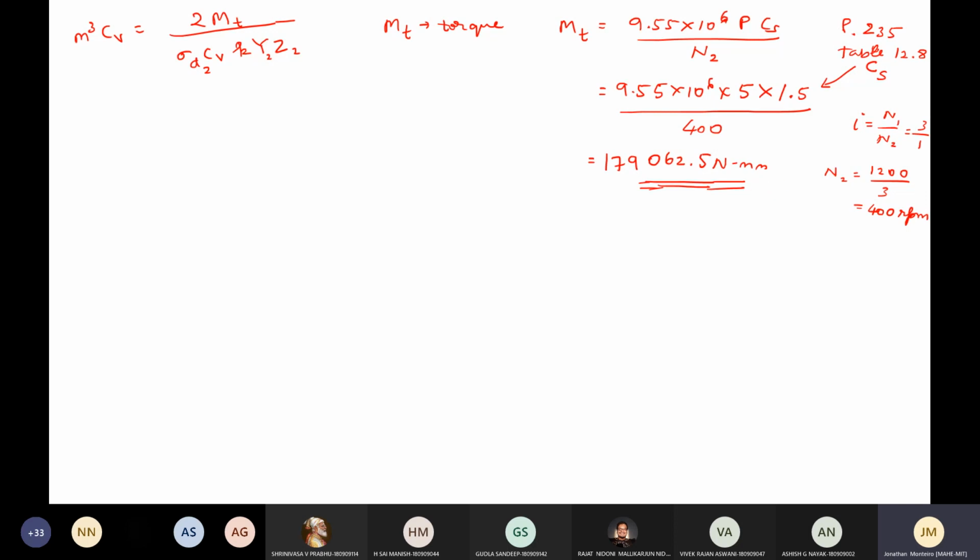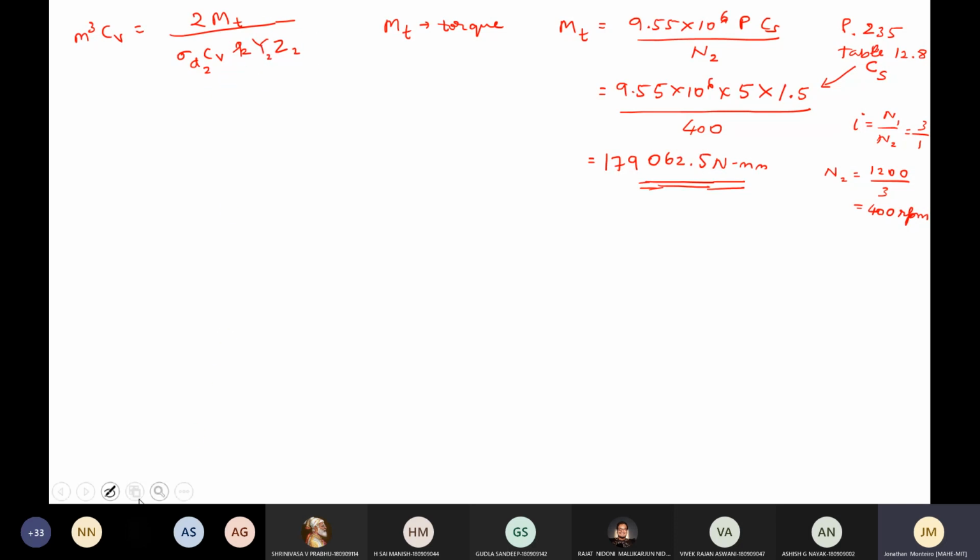So what about this K value? First of all, what is K? You have to understand that. So MT is done. The top numerator is done, 2 into MT. Sigma D2 we have already found out.